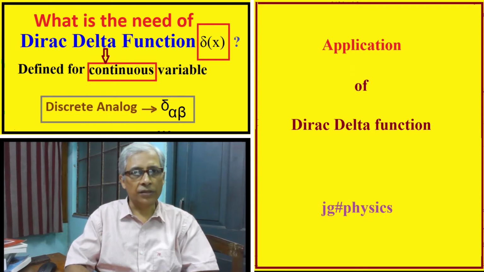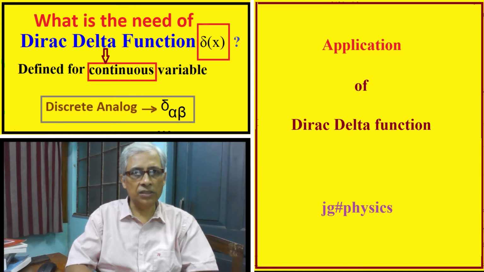That is one point. Another point is that Dirac delta function has so many applications in various fields, and it has established itself as an indispensable quantity or tool in the study of science.